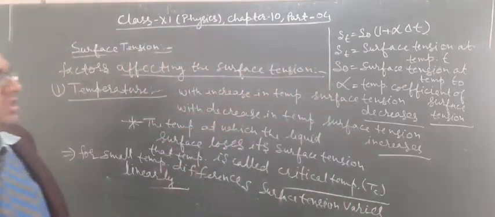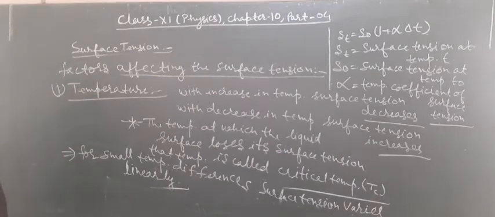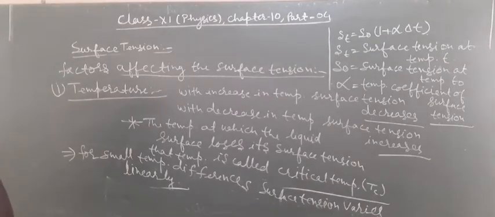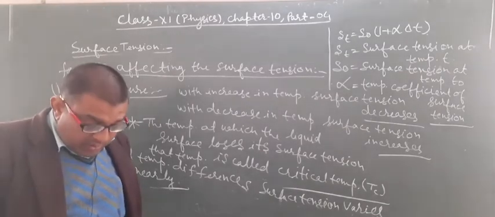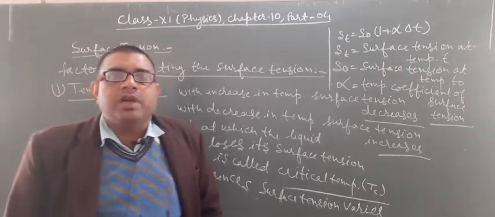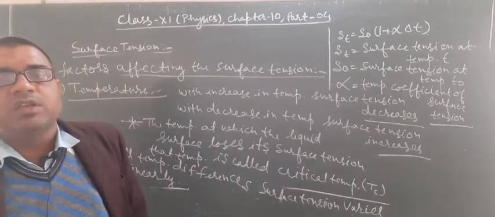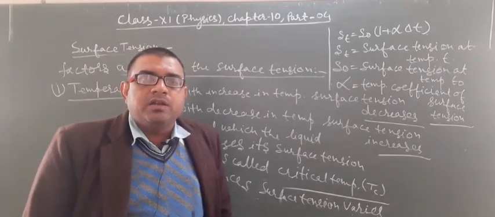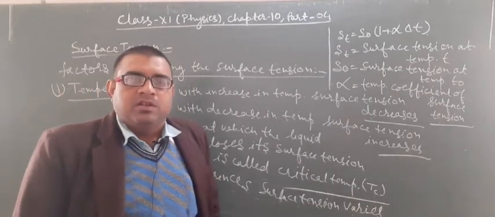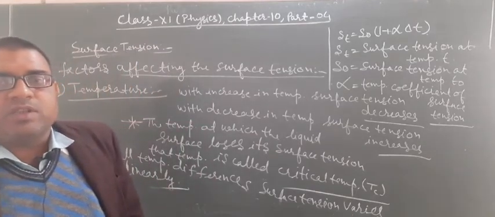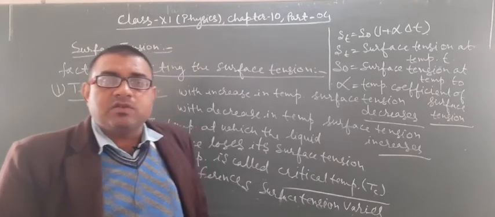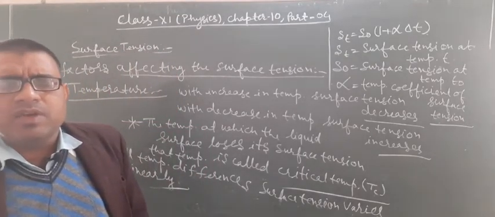Now, dear students, I want to quote certain examples about the increase and decrease. Suppose all of you have had soup. When you drink hot soup, it is tastier because at higher temperature the surface tension of the soup is low, and it easily spreads over the surface of the tongue.